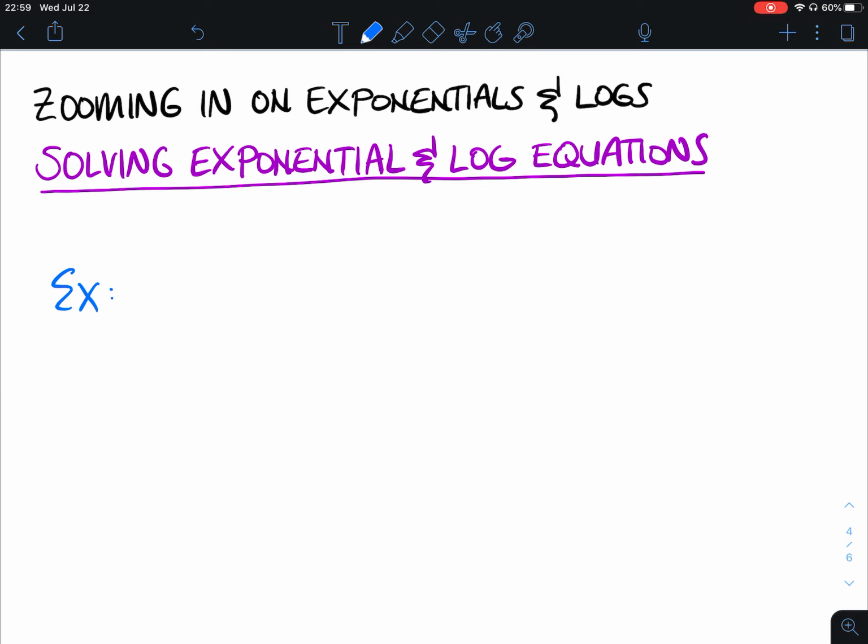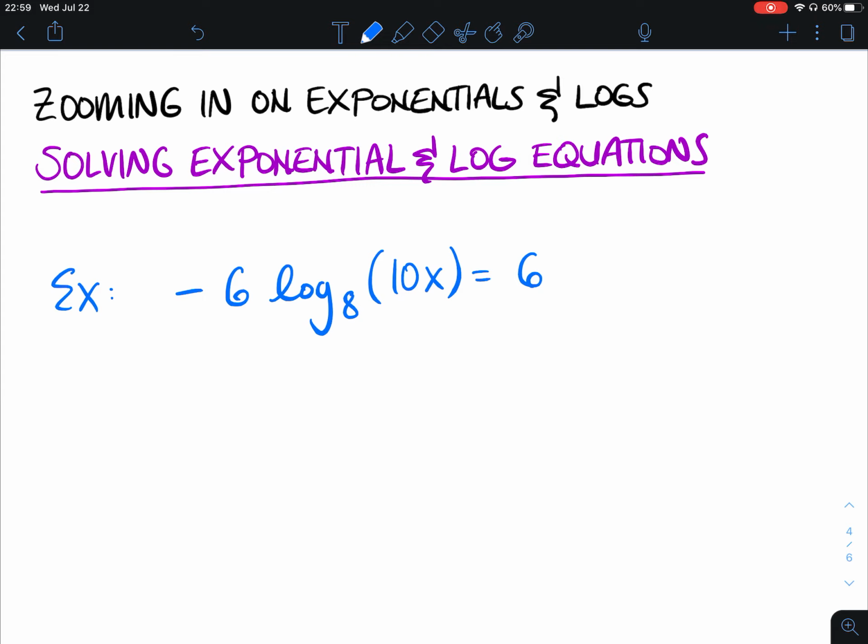So let's say for our first example, we were given -6 log base 8 of 10x is equal to 6. So that would be a logarithmic equation to begin with. And we just want to think about a good solving strategy.